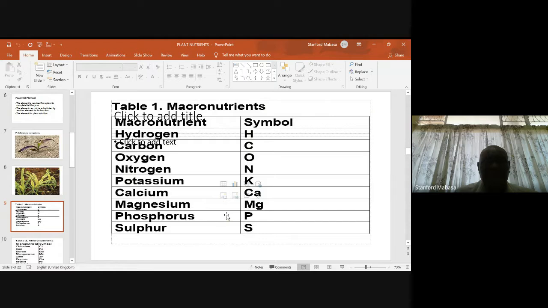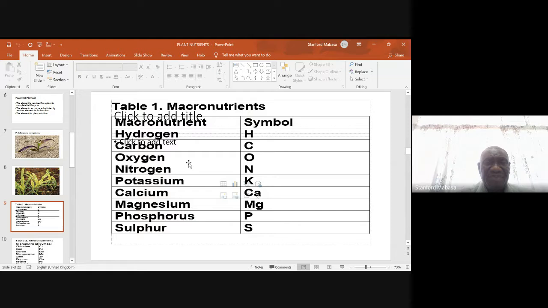Here I've got a list of macronutrients with their symbols. We have hydrogen, carbon, and oxygen. Although we are including them there, these are usually available. We've got nitrogen, potassium, calcium, magnesium, phosphorus, and sulfur.